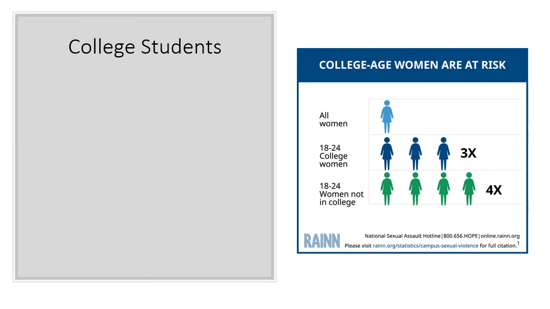In comparison to all women, regardless of age, college student women, 18 to 24, are at a 3 times risk. Women who are not in college of that same age group are at a 4 times risk.